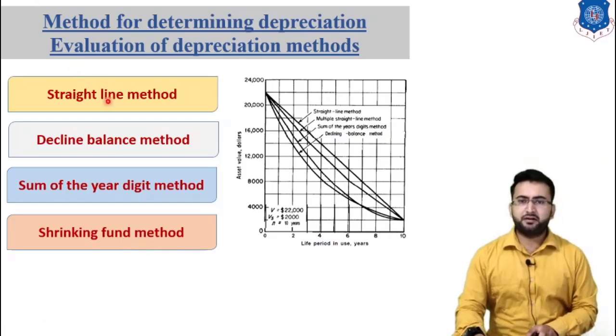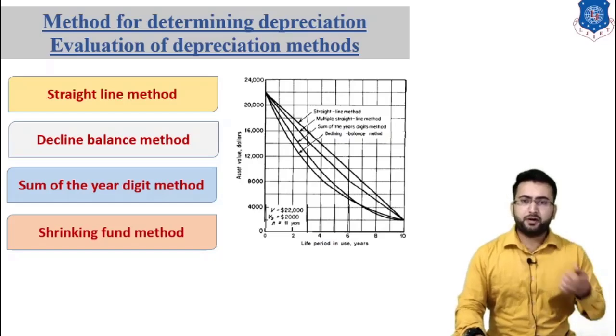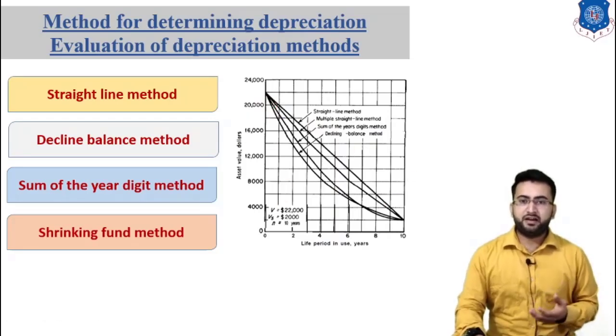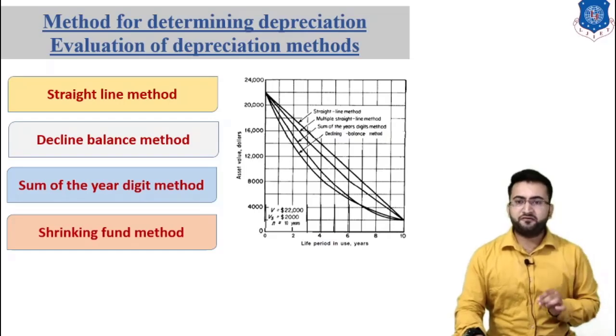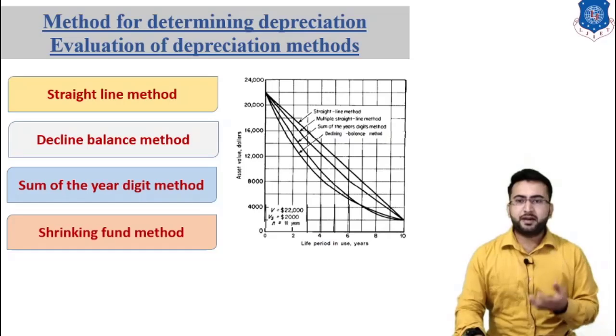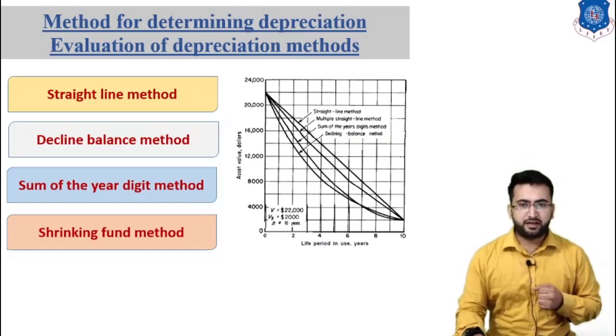In the straight line method, a fixed amount of depreciation is deducted per year. That's why the graph of the straight line method looks like this. This method is known as the straight line method because it gives a straight line in the depreciation graph. In the declining balance method, a fixed percentage is deducted every year. That's why this type of depreciation is known as the declining balance method.